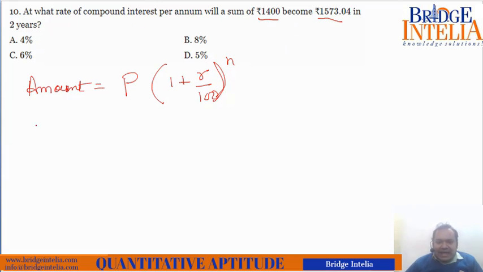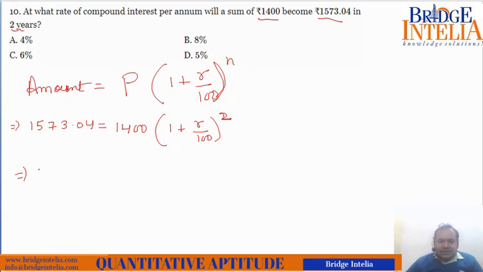So here the amount is 1573.04, which is equal to principal 1400 multiplied by 1 plus r by 100. We don't know r, so 1 plus r by 100 to the power n. n is 2 here.